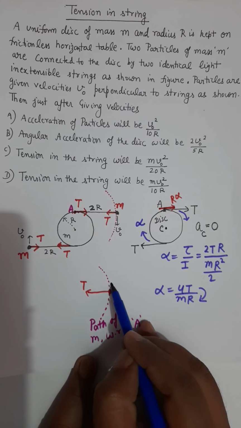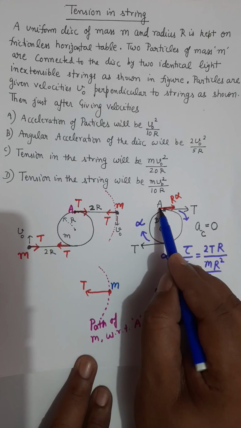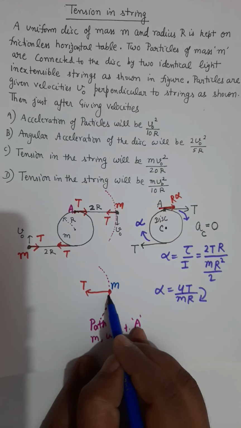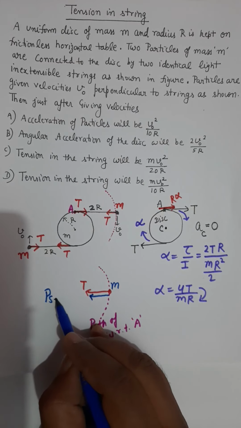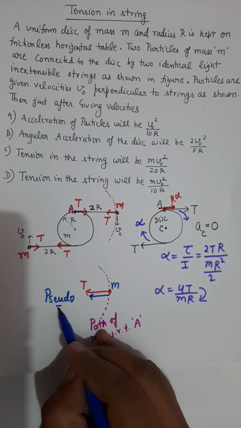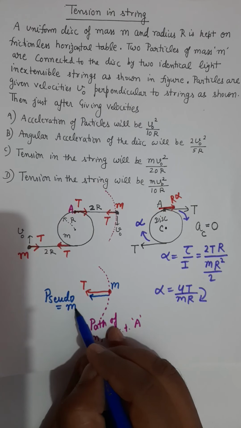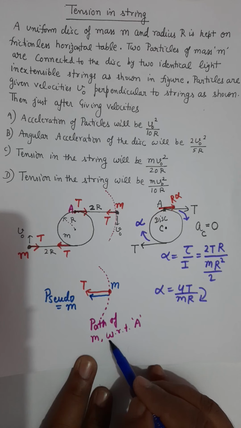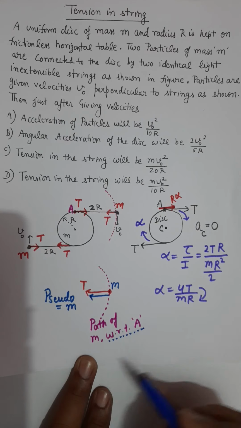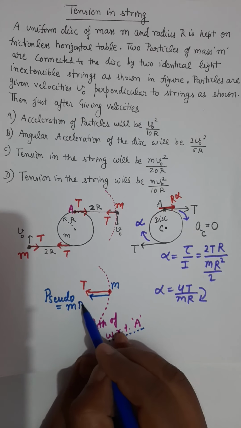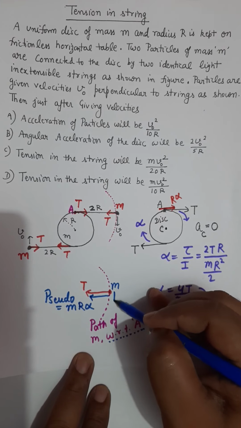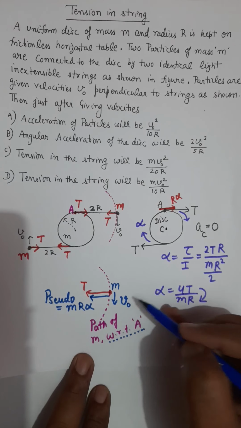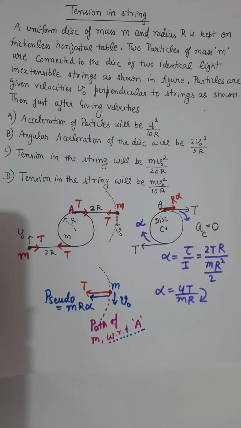The pseudo force will be against the direction of acceleration of A. So you will consider a pseudo force in this direction, and that pseudo force will be the mass of this particle m multiplied by the acceleration of the reference frame, which is point A, and that is r alpha. Notice that this mass has a velocity v0 in this direction, and it is moving on a circle of radius 2r.